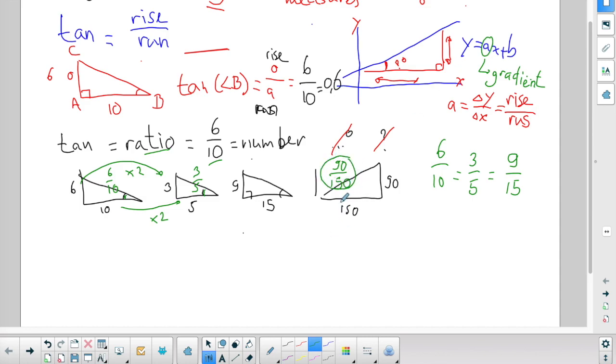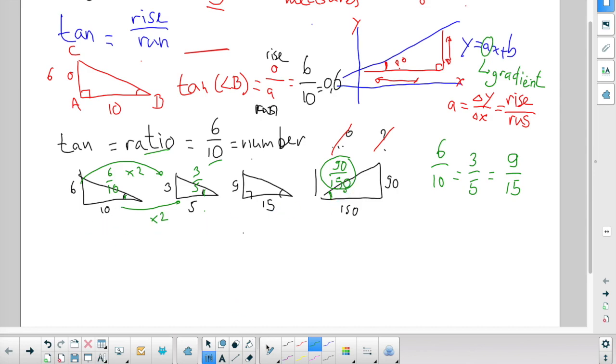And because this ratio is always the same, you can imagine that there exist big tables, because in ancient times we didn't have calculators. We had a book with all kinds of tables, and you could find out when the ratio of a tangent is 3 over 5, the size of the angle, how many degrees.